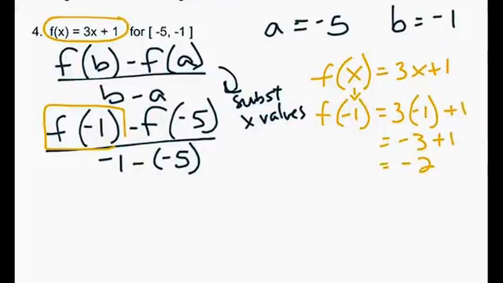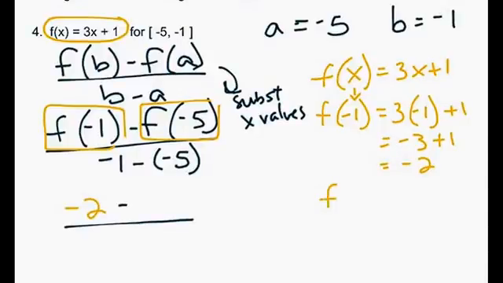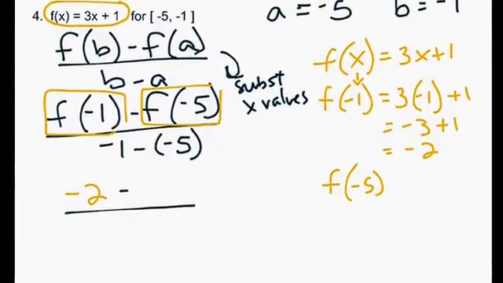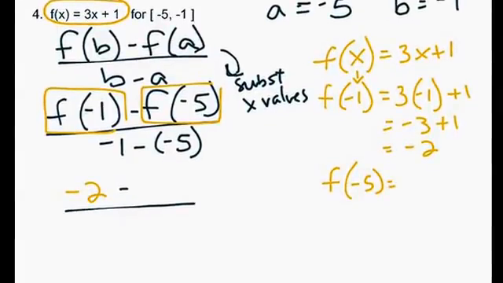So I'm going to come over here, and where there was f of -1, I'm substituting a -2. Okay? But now I need to find f of -5. So I need to come over here and find f of -5. Again, I'm substituting. Everywhere there was an x, I'm going to put a -5.